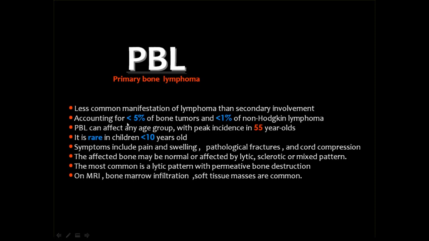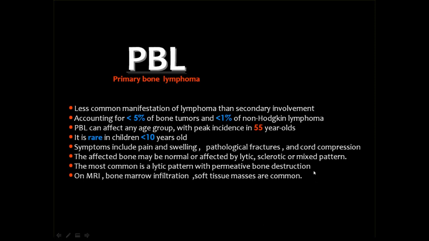Lymphoma accounts for less than 5% of bone tumors and less than 1% of non-Hodgkin lymphoma is the primary bone lymphoma. The primary bone lymphoma can affect any age group, while the peak of age incidence is 55. It is rare in children below the age of 10 years.